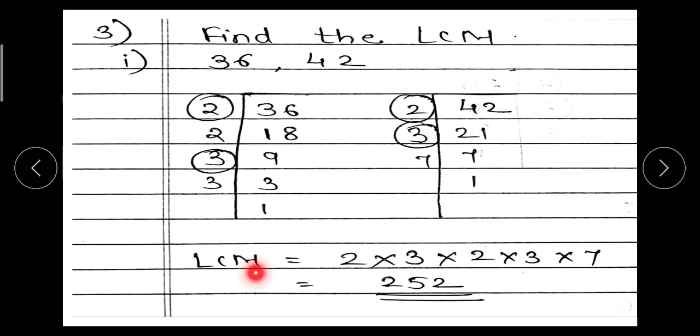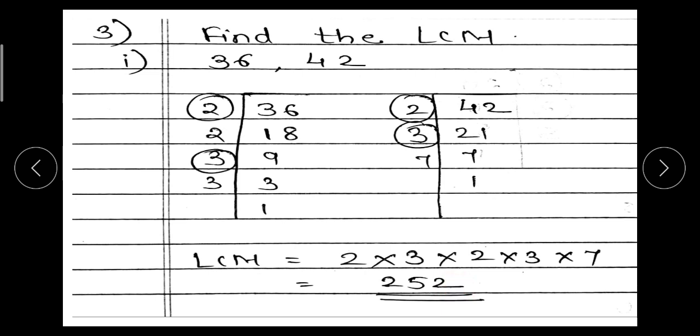Common factors are 2 and 3. And these are uncommon factors, right? So 2 multiplied by 3 multiplied by 2 multiplied by 3 multiplied by 7 is 252. So the LCM is 252.